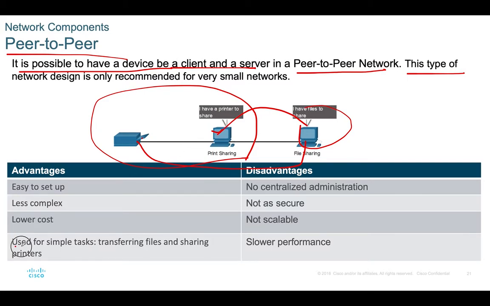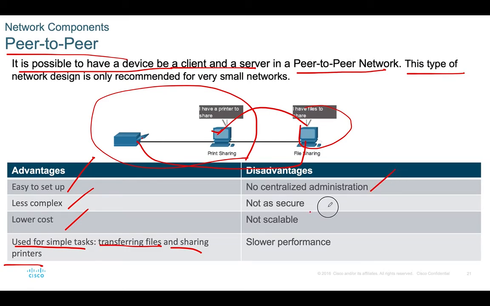It is used for simple tasks such as transferring files and sharing printers. The advantage is it is easy to set up, because there is no need for complex enterprise devices such as firewalls, routers, or layer 3 switches. It is less complex because we only have two computers and a printer. It is lower in cost.